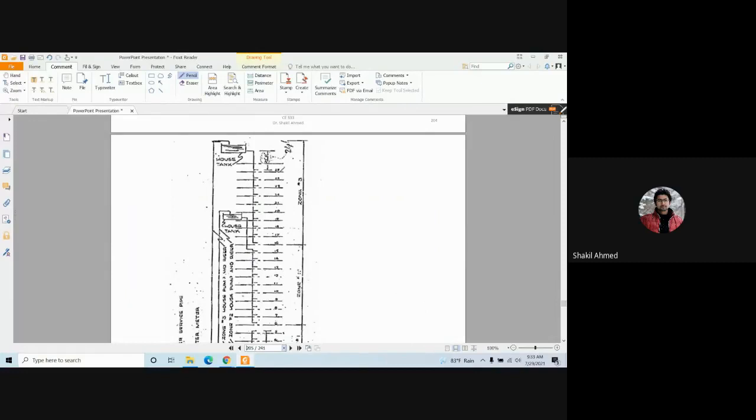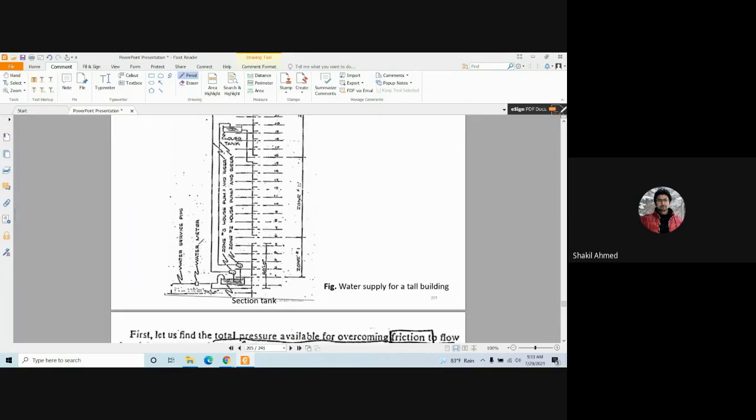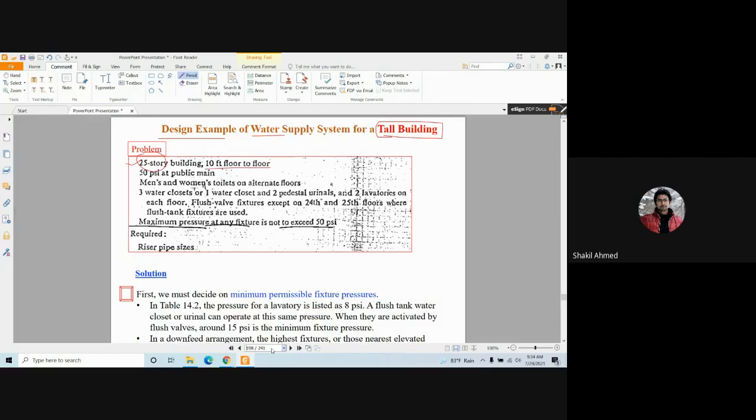This is the 25th story building, 24, this is 25. And from the Dhaka Wasa service pipe, the pressure here is 50 psi. Public main means the Dhaka Wasa pipe.